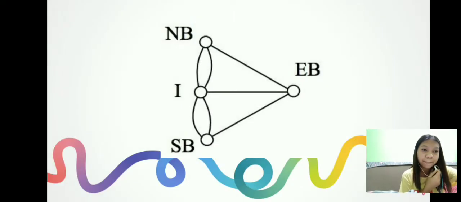So they shrunk down to a vertex. The NB represents the acronym of North Bank. The I is the island, the SB is the South Bank, and the EB is the East Bank.